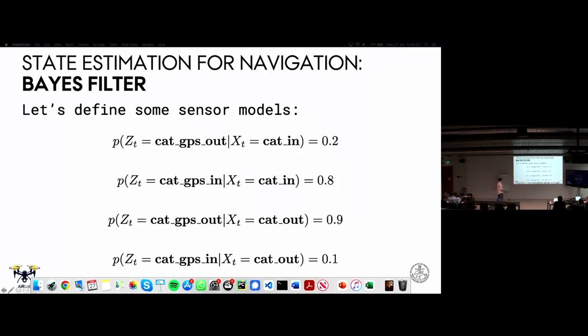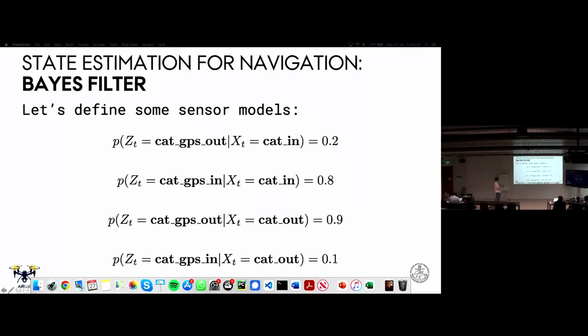There's a reason they're not equal: no sensor is perfect, and I hope it's quite clear to everyone that we can still get a GPS signal showing the cat sitting outside even though the cat is inside, and so forth. So these are some sensor models that we can define.